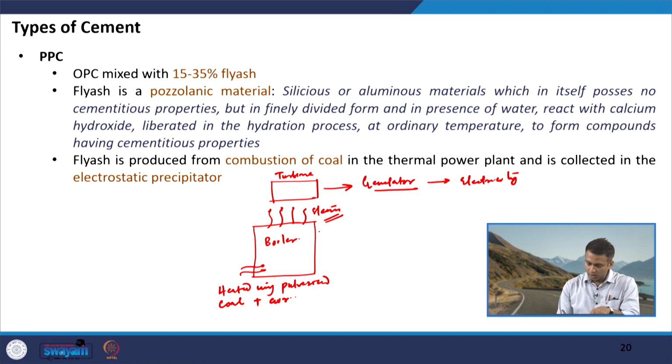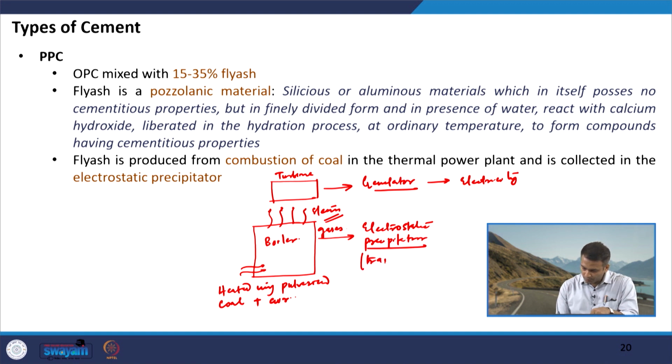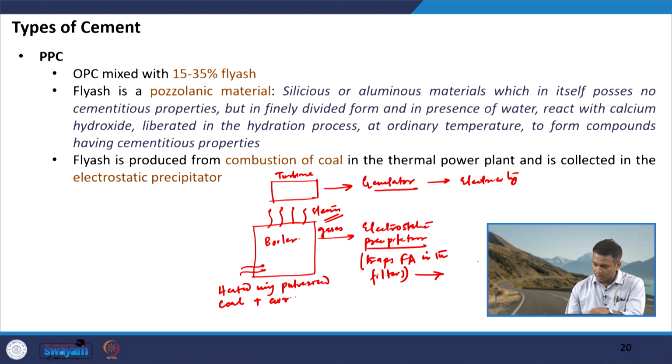Now, during this process, when we are heating the boiler, several gases are emitted, and these gases go through the electrostatic precipitator, that traps the very fine fly ash that is generated in the filter, in several filters that are attached, and finally the remaining gases go to the chimney, which is then finally sent to the air, all right.